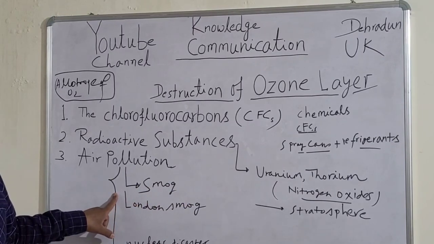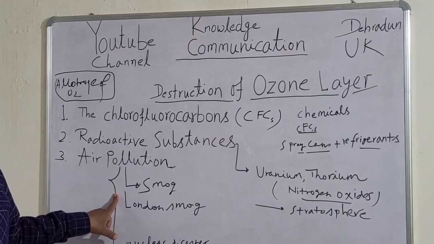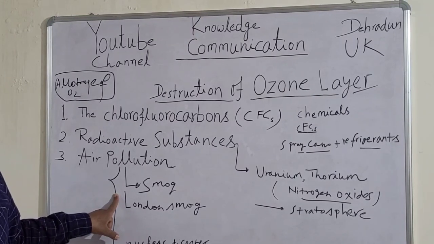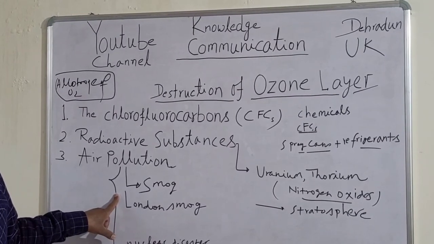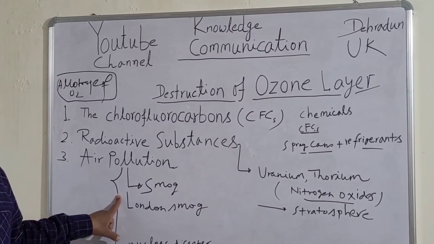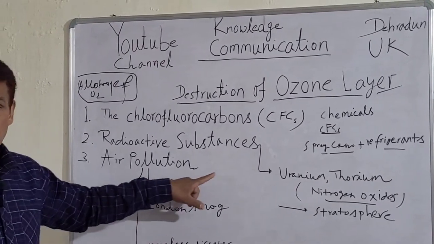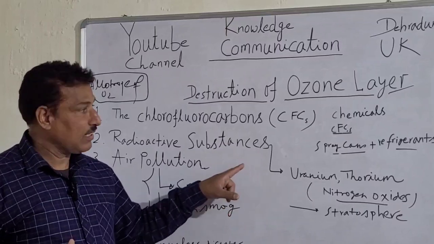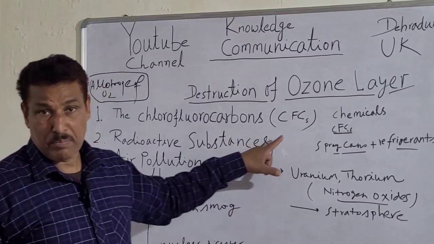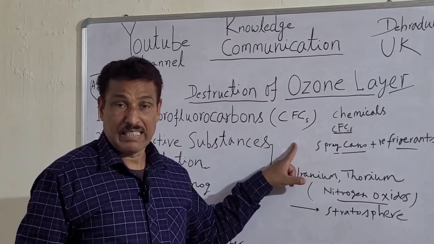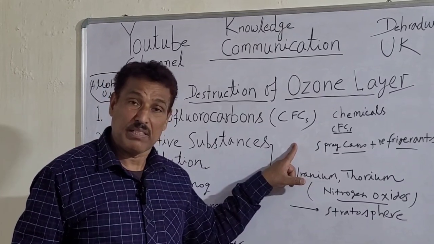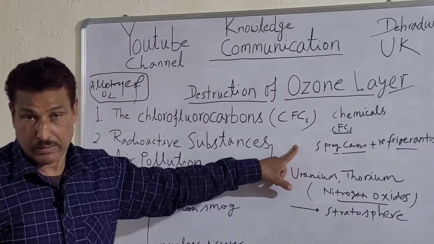Smog is there in the atmosphere, and that is a kind of pollution that is also damaging the ozone layer. So these are the major causes which are responsible for the depletion of the ozone layer.